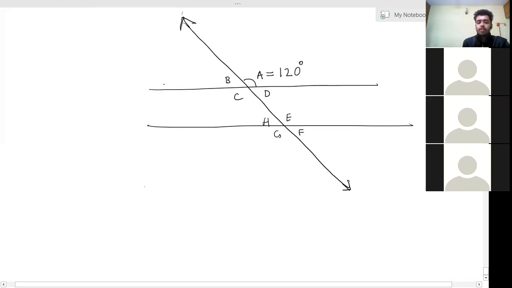Now your job is to find out all the remaining angles: B, C, D, E, F, G, and H.